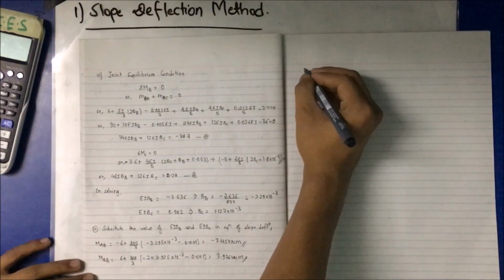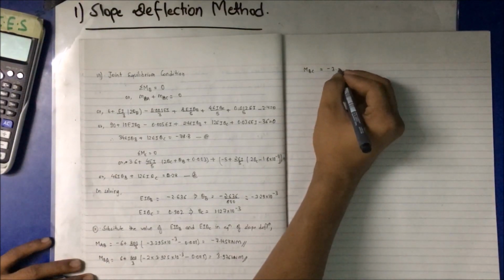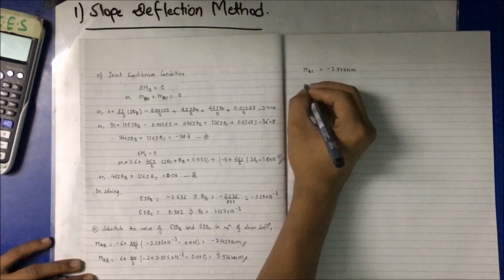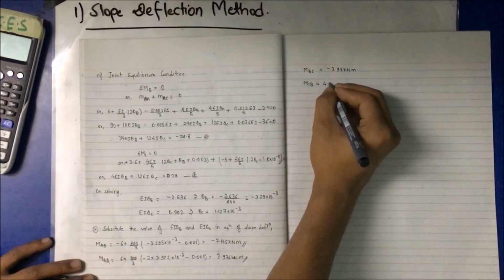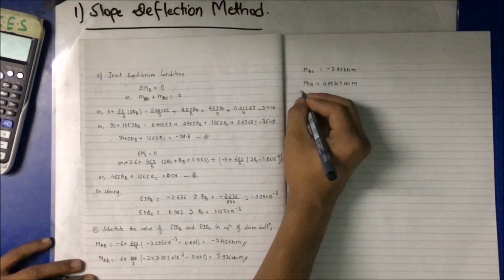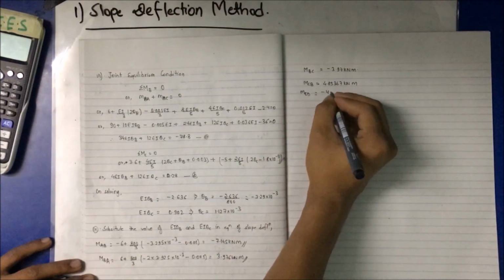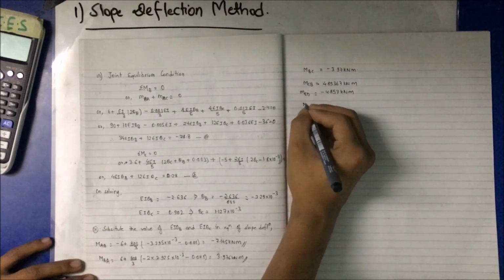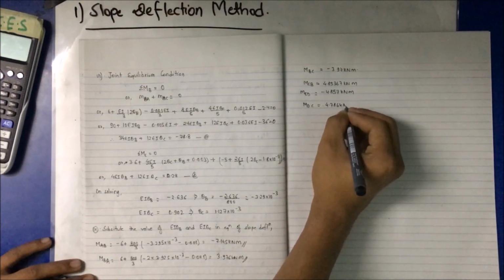So MBC is equal to minus 3.97 kilonewton meter. MCB is equal to 4.85367 kilonewton meter. MCD is equal to minus 4.857 kilonewton meter, and MDC is equal to 4.786 kilonewton meter.